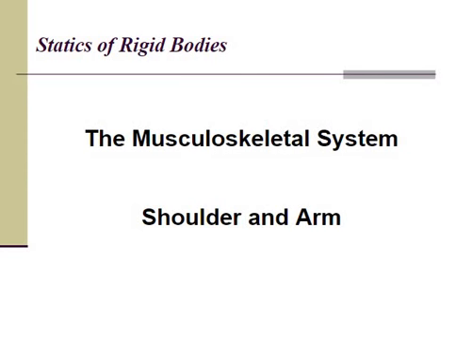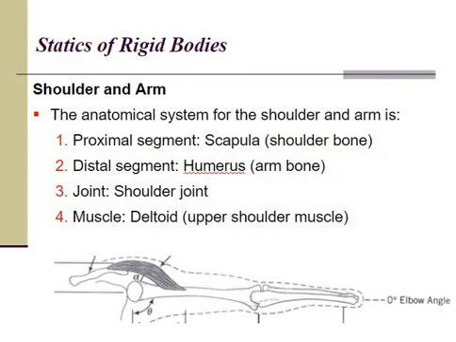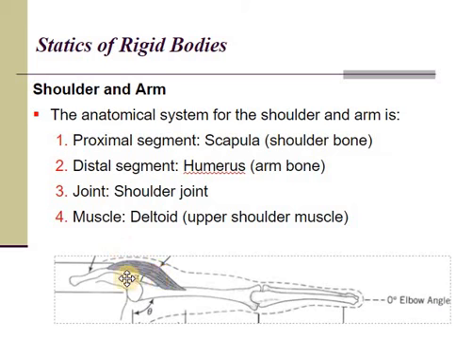Now, the first system that we will work on is the shoulder and the arm. The anatomical system for the shoulder and the arm consists of 4 parts. The first is the bone of the shoulder, and the bone of the arm. These 2 bones are held together by the joint and the muscle that we will refer to as the deltoid muscle.